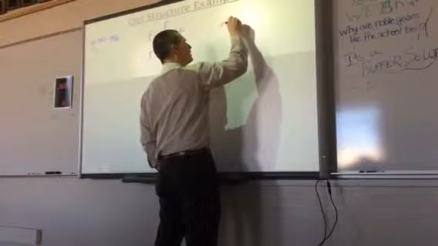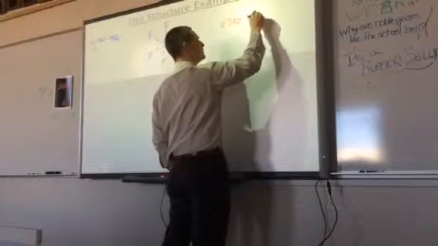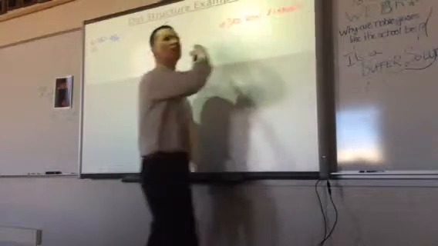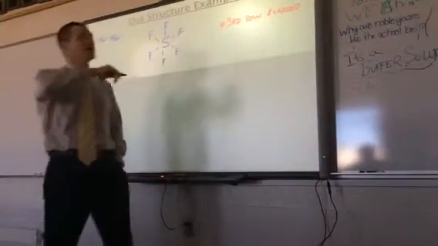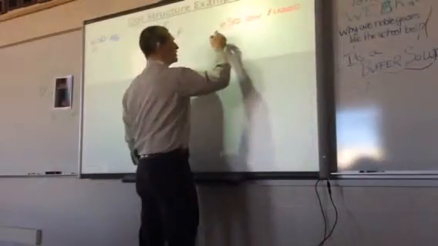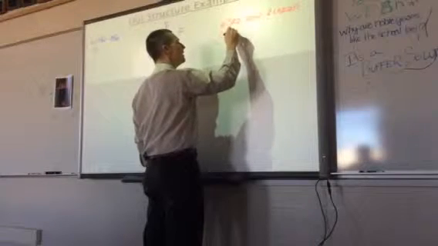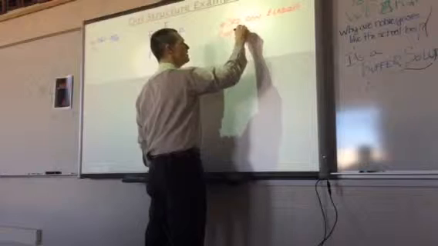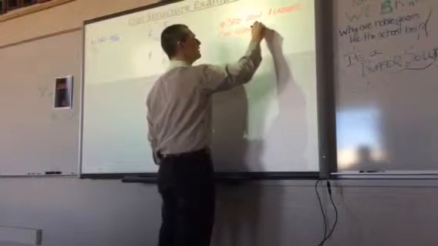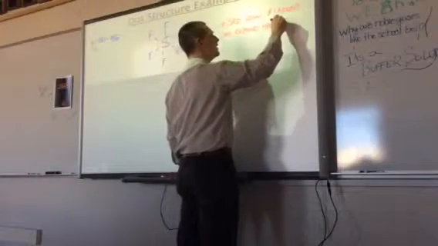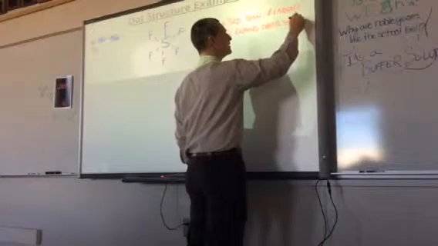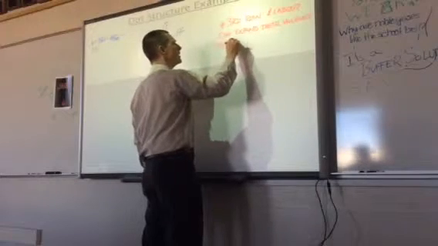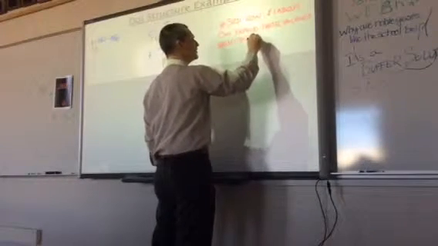3rd row and larger. Sulfur is in the 3rd row of the periodic table. Those elements and larger can expand their valence shell to have more than 8 electrons.